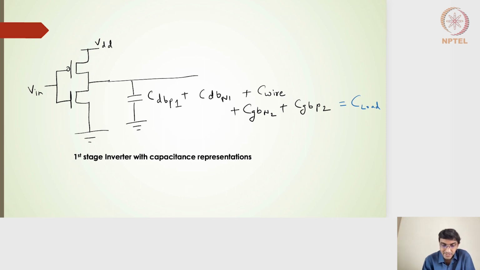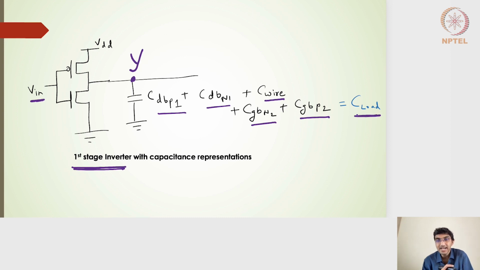So finally, we have the first stage inverter. And if I really want to find out how much time it has taken at the output node, given the change in the input, the output changes, and what is the propagation delay falling or the propagation delay rising, it is dependent on all these 5 capacitances, which we put as a C load capacitance.